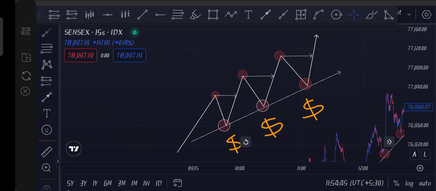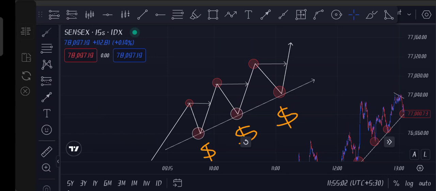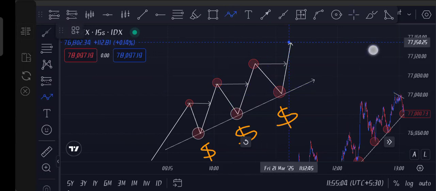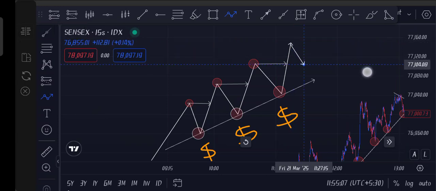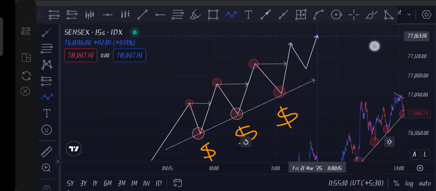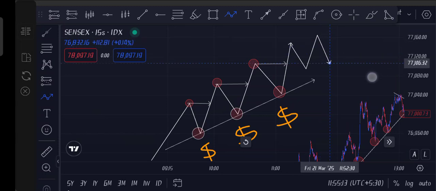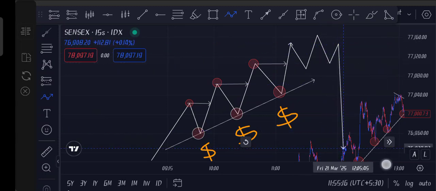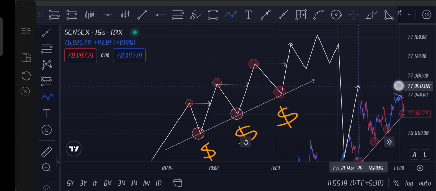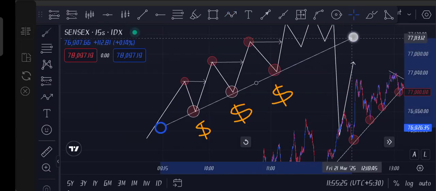But now understand, institutions don't take profits and don't have too much buy quantity at that time. They trap people from the downside direction and take all the liquidity. Firstly it takes this high swing failure, again swing failure, and again downside. Don't underestimate that idea. It takes all the stop losses and again goes in the full direction of the market.